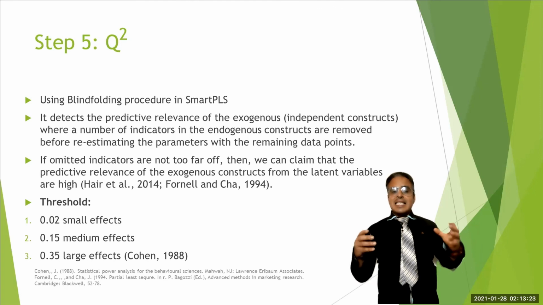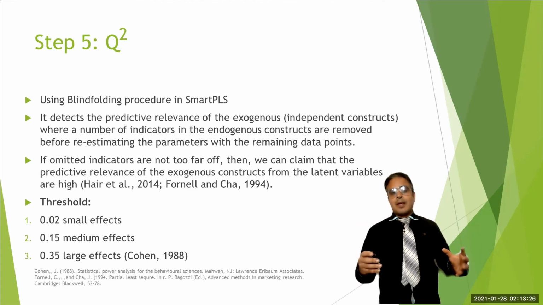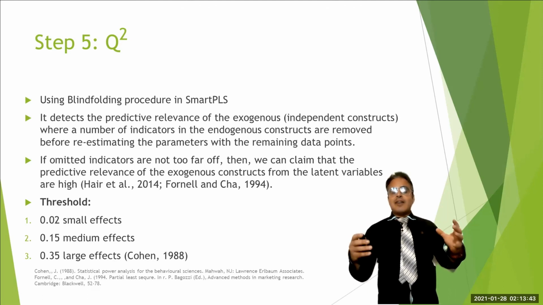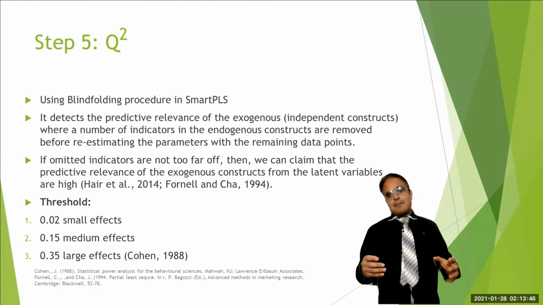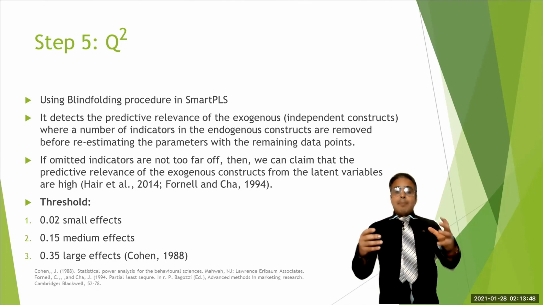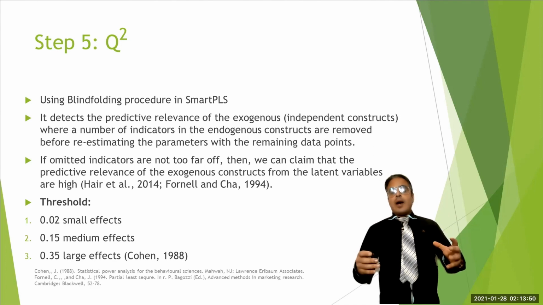And what is the threshold here? According to Cohen 1998, he states that a Q-square of 0.02 indicates small effects, 0.15 medium effects, and 0.35 large effects. We will be calculating Q-square and explaining those in detail in coming videos.